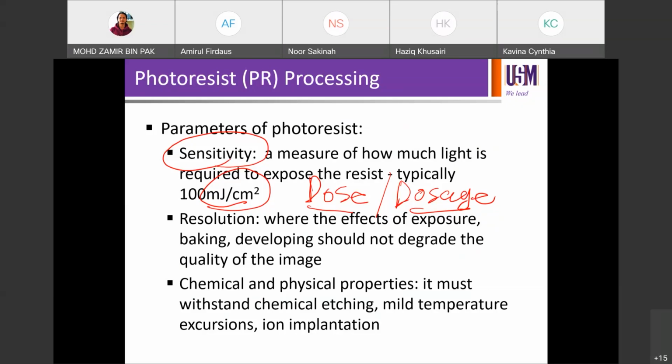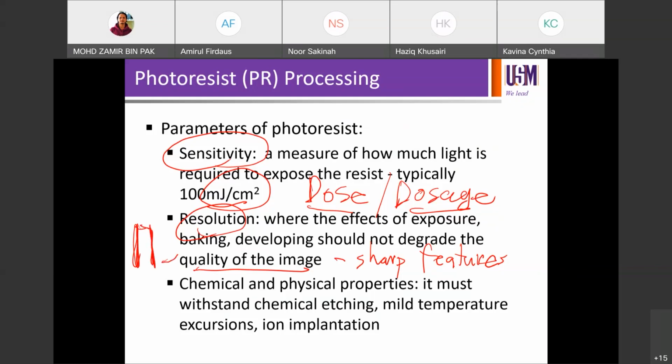Then the next parameter is resolution, where the effect of exposure, baking, developing should not degrade the quality of the image. You want to get sharp features at the minimum size. You don't want them to become rounded. If you want this to be printed, then you want that to be printed.